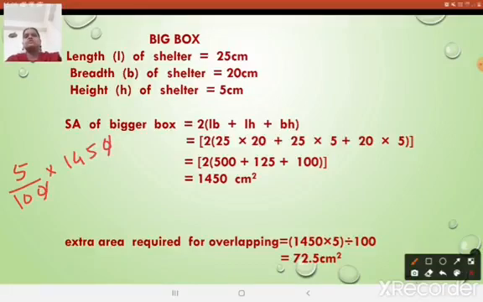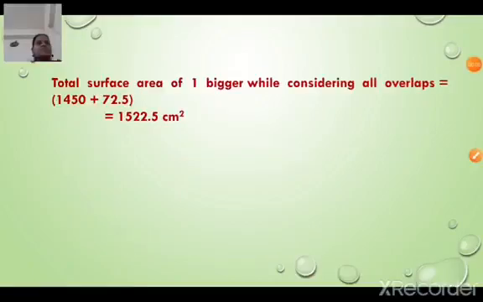So 0 and 0 will get cancelled. 5 5s are 25, carry 2. 5 4s are 20 plus 2 is 22. 5 1s are 5 plus 2, 7. 725 by 10. So you will get the answer as what? 72.5 centimeters square. Total surface area of one bigger box while considering all overlaps. So it will be 1450 plus 72.5.